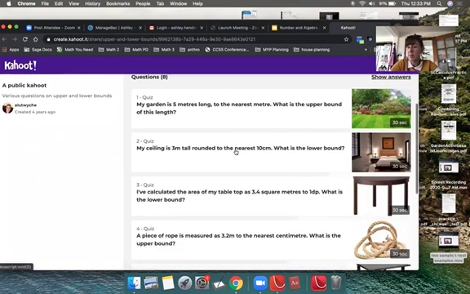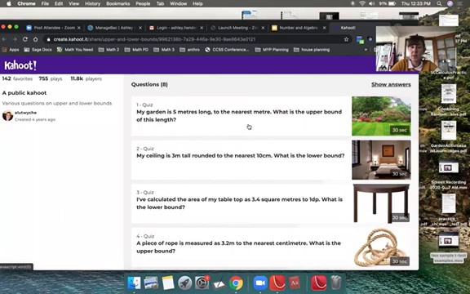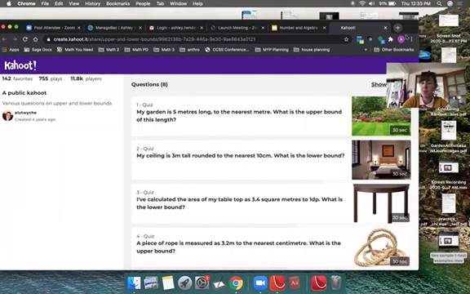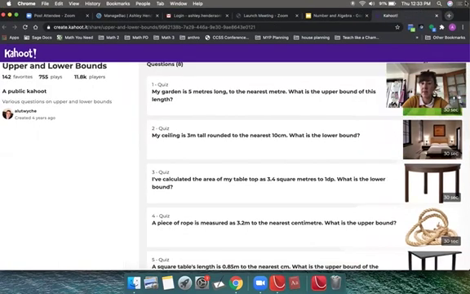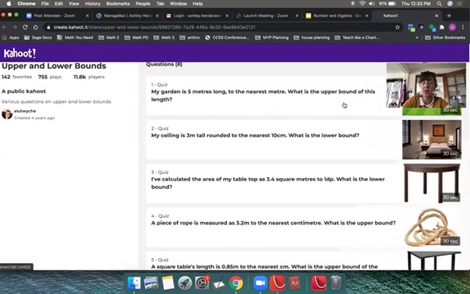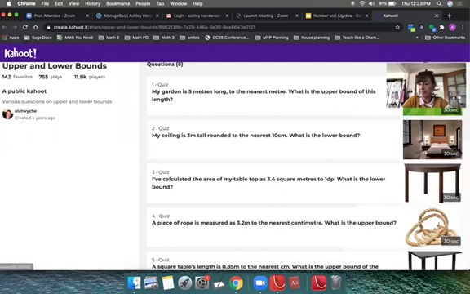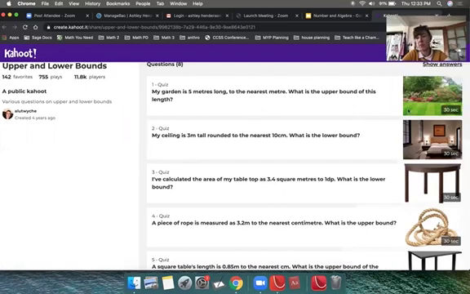So I want to look at a couple of these and review some of the ways that we answer these questions. I want to review in particular the model we were using. Remember, upper and lower boundaries are basically rounding questions. I measured to some level of accuracy, so it's possible my measurement was a little above or a little below what I claim.